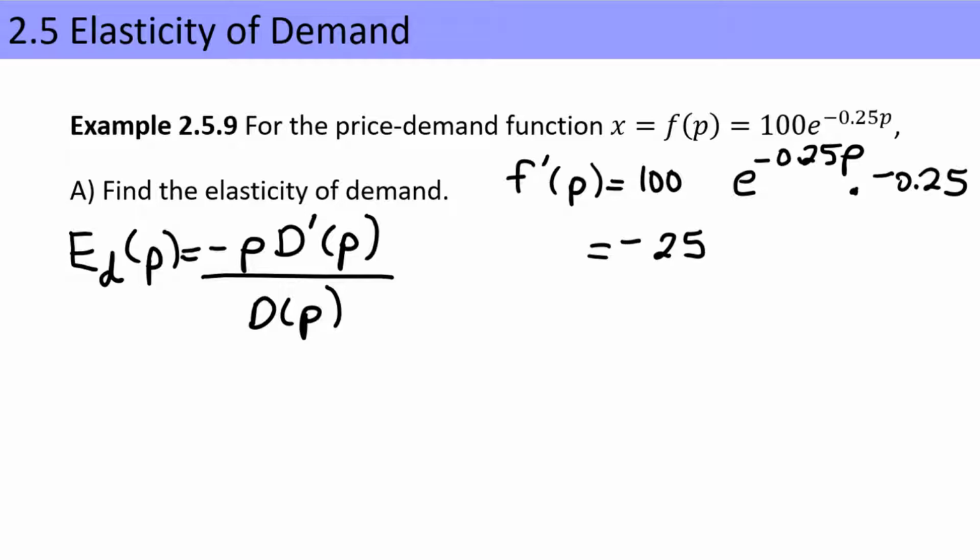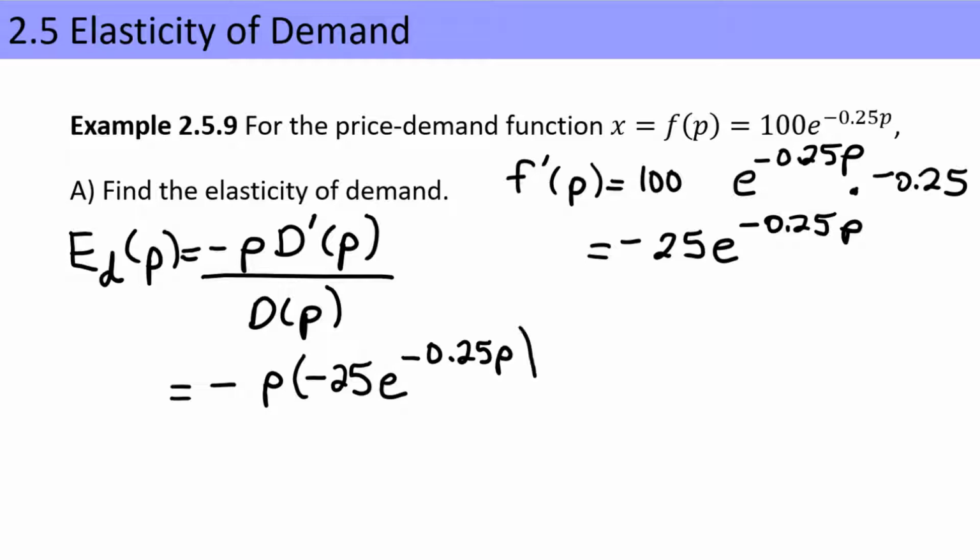Remember the negative. e to the power of negative 0.25p. Let's put it all together in the elasticity of demand formula. Then it would be the negative of P times the derivative, negative 25 e to the power of negative 0.25 times P, all divided by the function, which is 100 e to the power of negative 0.25p.